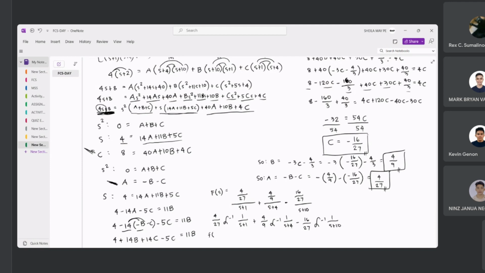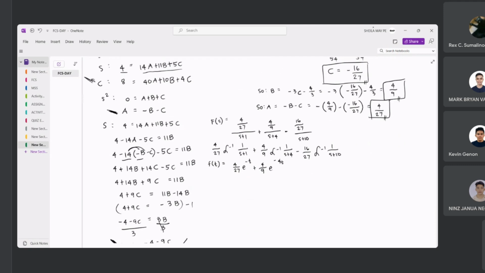Okay, so basically we have our function f of t. 4 over 27 e raised to the power of negative t, because the denominator is positive, so the exponent is negative, plus 4 over 9 e raised to the power of negative 4t, because 4 is positive in the denominator, minus 16 over 27 e raised to the power of negative 10t.